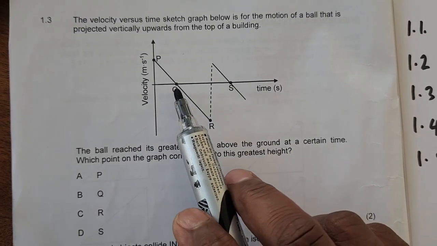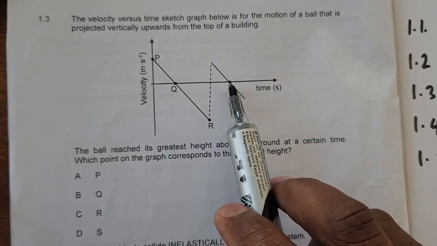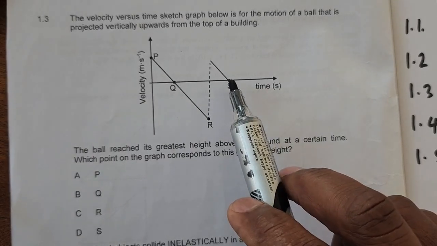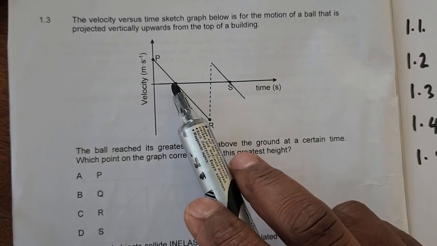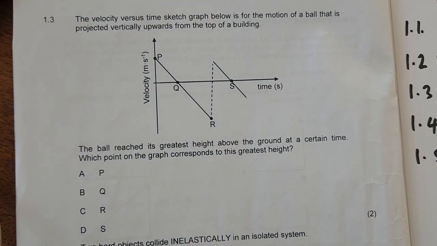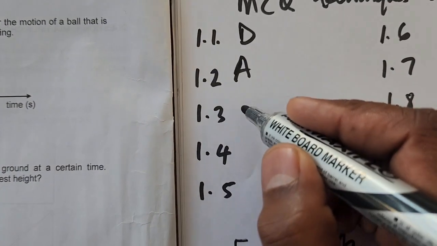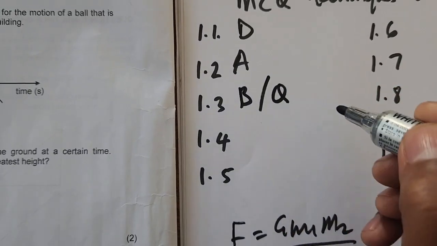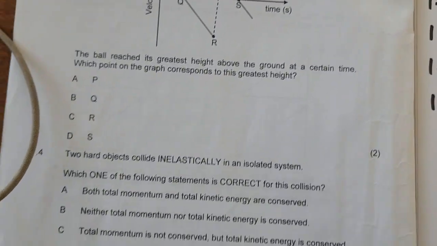Now the greatest height will be Q. Remember, S is the height reached after the first bounce. It won't be the greatest height. The greatest height will be Q. Therefore, we expect B to be the best answer. Obviously, if the learner can just write Q, then that one will be accepted.